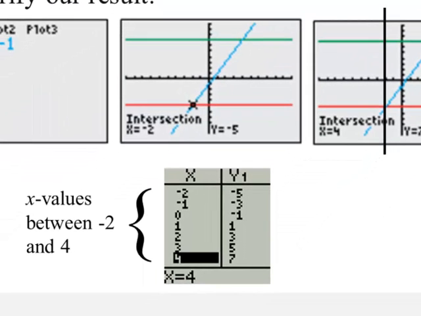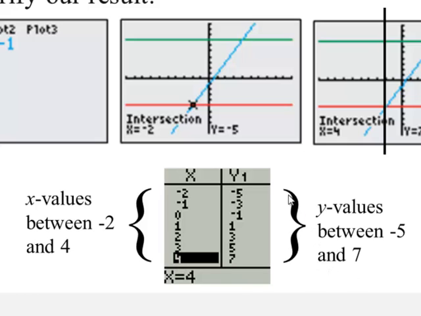Using the table feature, we can see that when our x values are between -2 and 4, that's what our resulting inequality solution set was, the y values will be between -5 and 7. And these values were in the original problem.